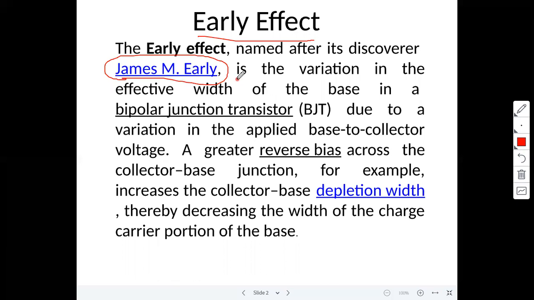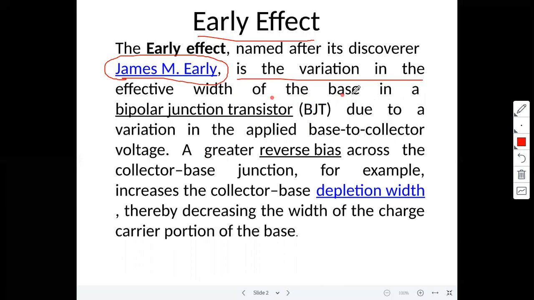Okay, what is the early effect? It is the variation in the effective width of the base in a BJT due to a variation in the applied base to collector voltage.